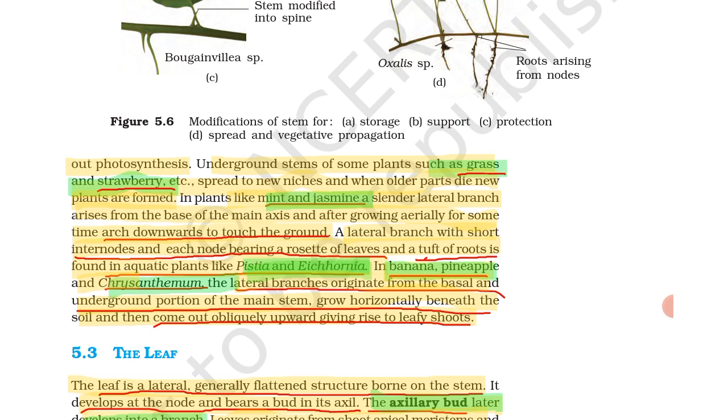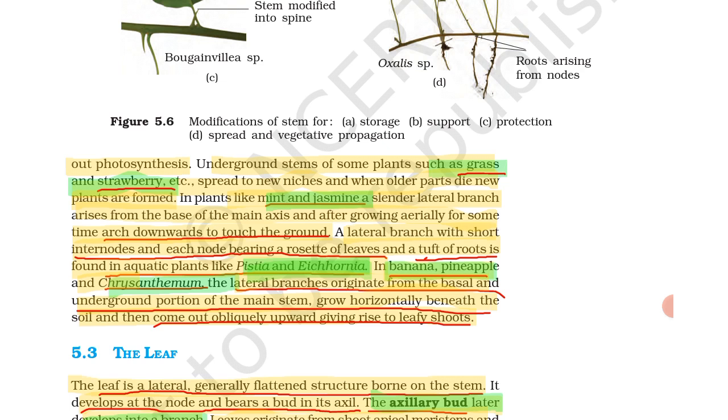In some plants like mint and jasmine, the slender lateral branch arises at the base of the main axis. It grows vertically upwards, and after some time arches downward and touches the ground. This is also called a stolon, and the examples are mint and jasmine.